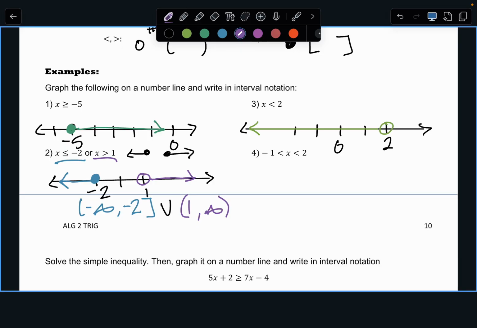Any other questions on this one? Yeah? Why do we never include infinity? Why do we have it be less than infinity? If I said check that for me, what would you do? Right? We can't really define infinity. It's not a number that we could plug in and check, so we never include it because it's never part of our solution.